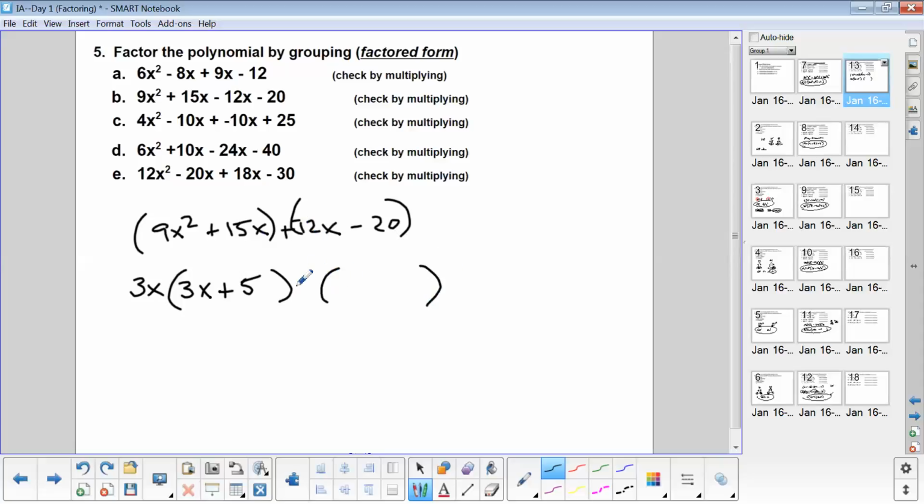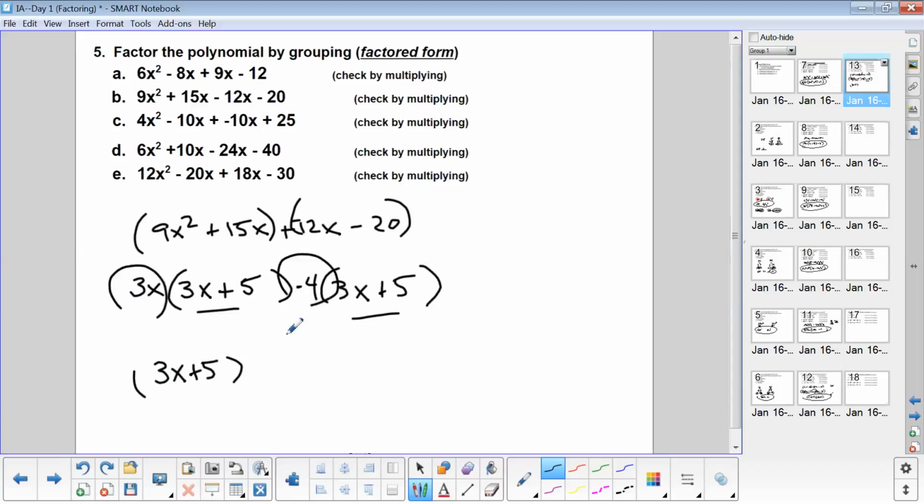So what I'm going to do is factor out the GCF between negative 12 and 20, and it would be negative 4. What's negative 12x divided by negative 4? 3x. What's negative 20 divided by negative 4? Positive 5. Like we said, they should match up. So you're left with 3x plus 5 in parentheses, and what's remaining? 3x minus 4.